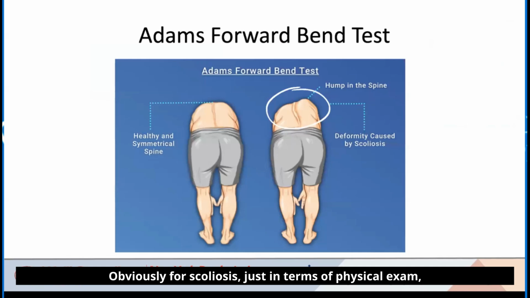Obviously, for scoliosis, in terms of physical exam, a lot of the time we use the Adams forward bend test, which is a very simple test. I'm sure you're all familiar, where we're looking on forward bending for any sort of deformity, either at the ribs or the spine, that may be related to the scoliosis.